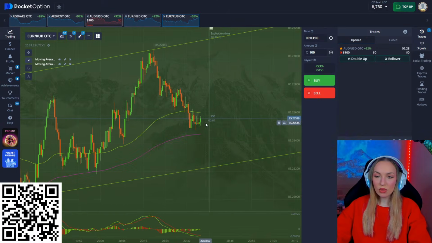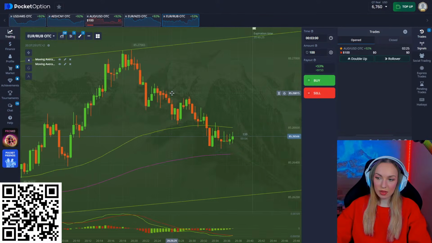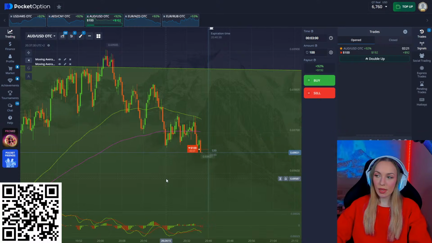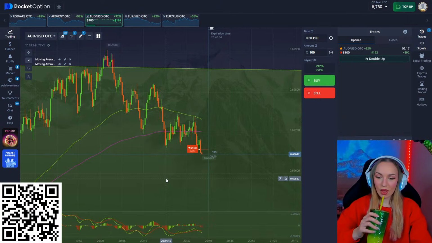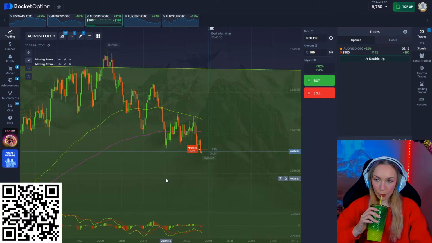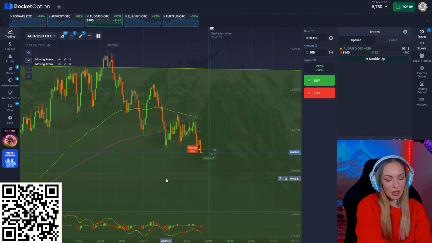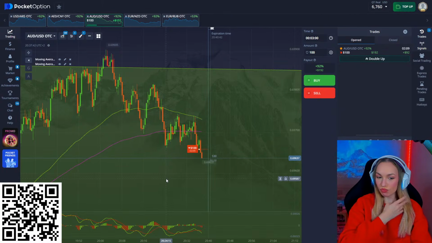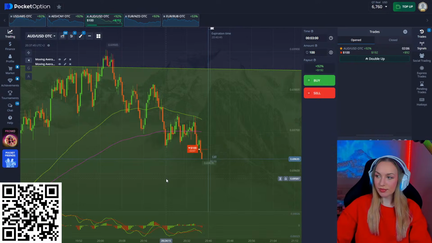On Euro Ruble also very small candles. The price is moving super slow, but yeah, here we go, it went down. Let's go.